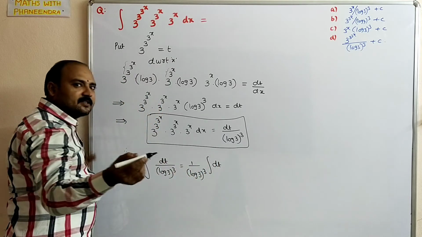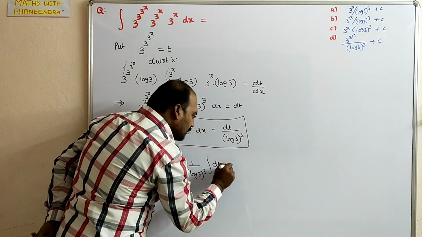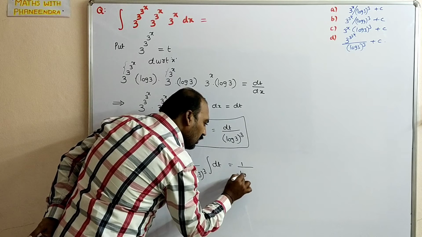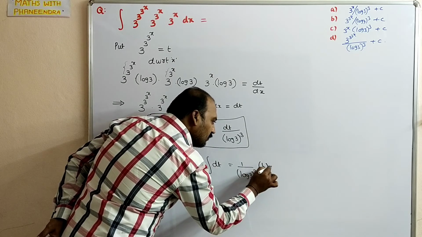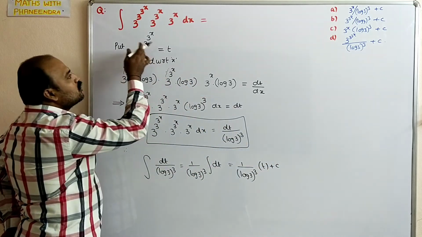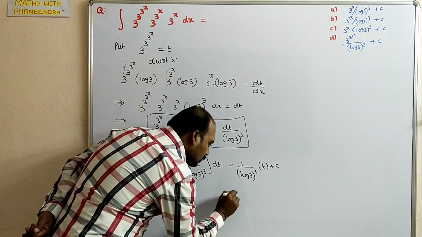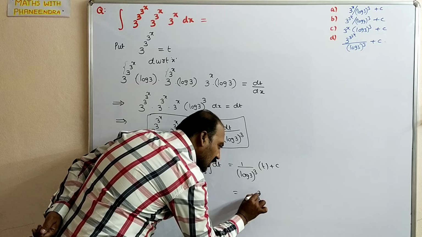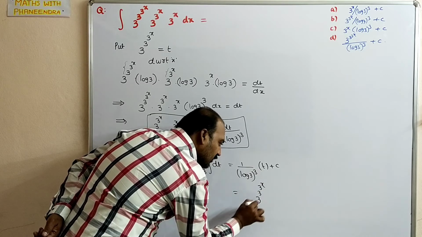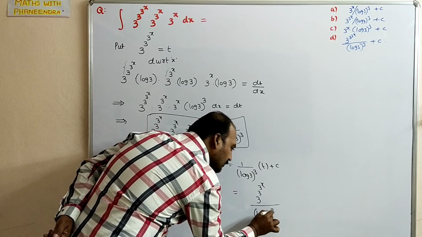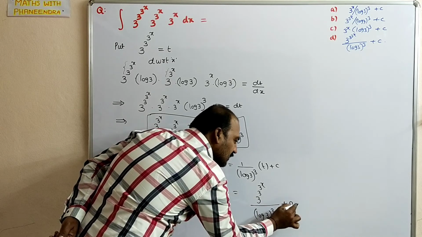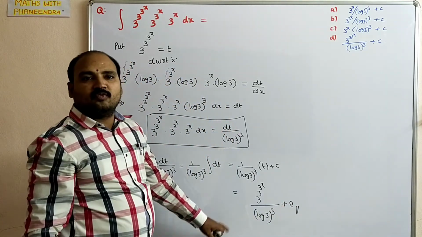Integral dt is t. So 1 by log 3 whole cube into t plus c. What is t? We assumed there. T is equal to the given function, this one. So 3 power x divided by log 3 whole cube plus c, which is there in the fourth option.